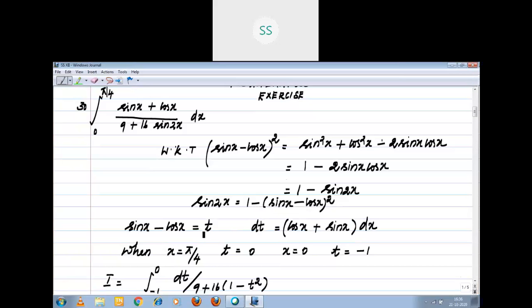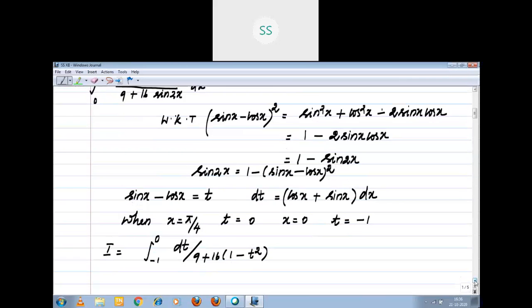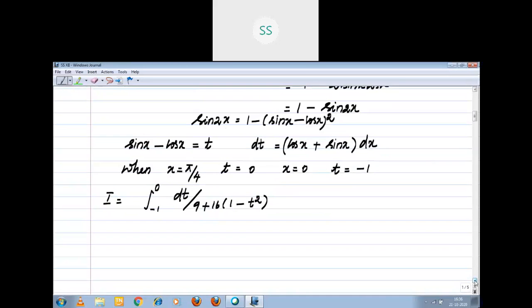Now the denominator you are going to convert into the standard form. After that, you can integrate easily. Now, which is equal to integral minus 1 to 0 dt divided by 9 plus 16 minus 16 t square.